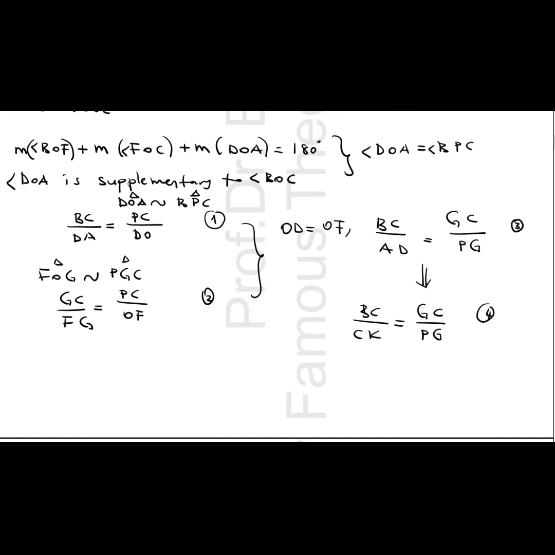So from here, we can write this one as BC plus CK over CK equals GC plus GP over GP.